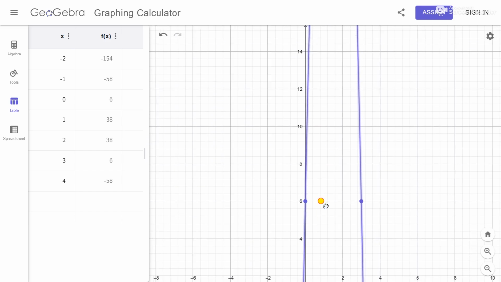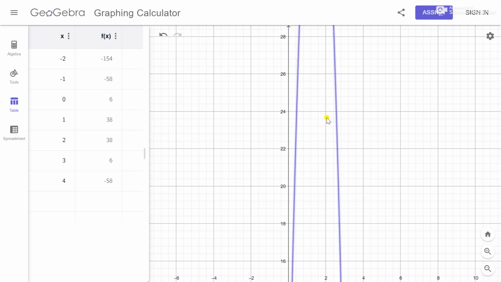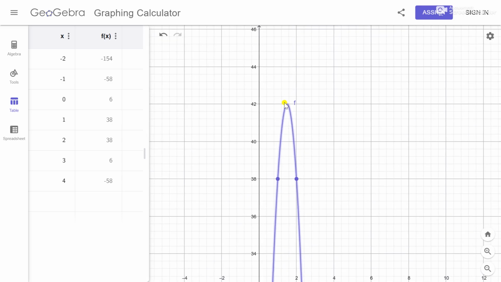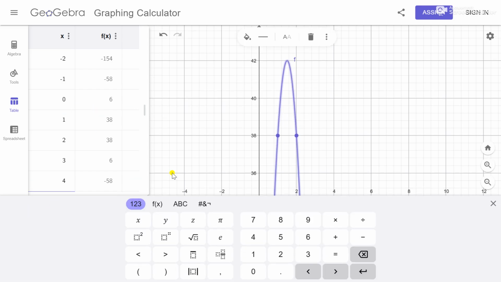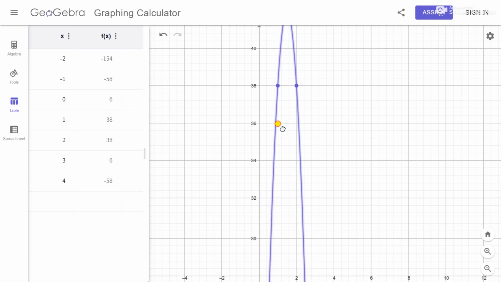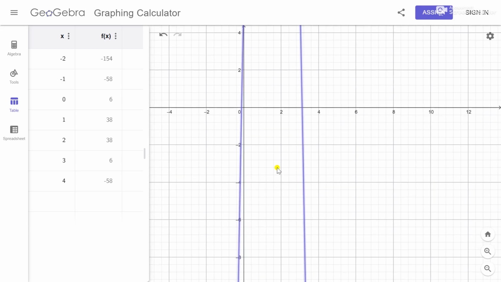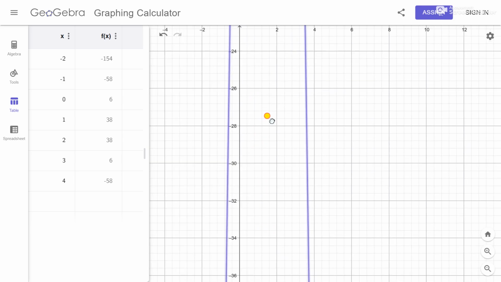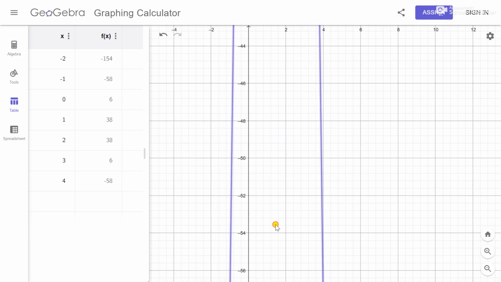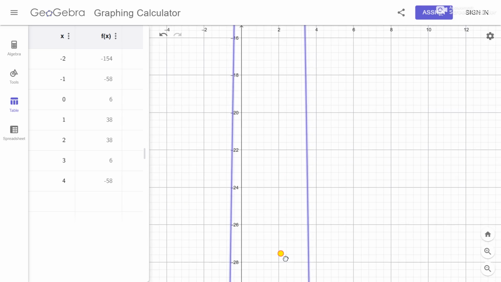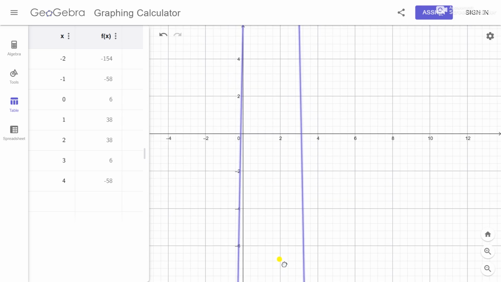And the axis of symmetry, which is the line that divides it exactly equally in half, is going to be, we need to get this up to 42. So what do we need to get it to 42? Look at me scrolling. I went right past the x-axis because I'm so good.